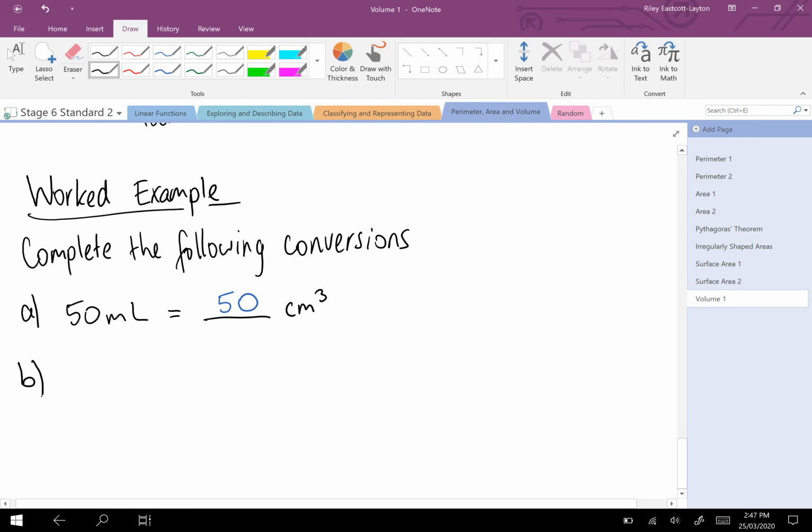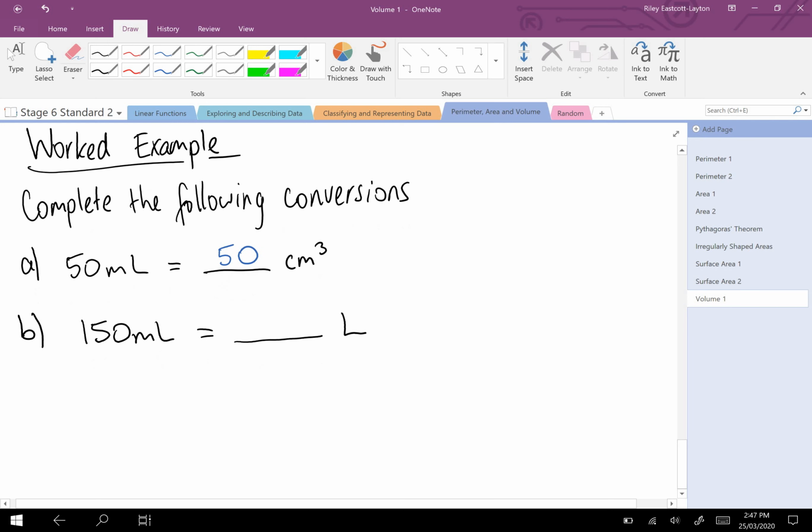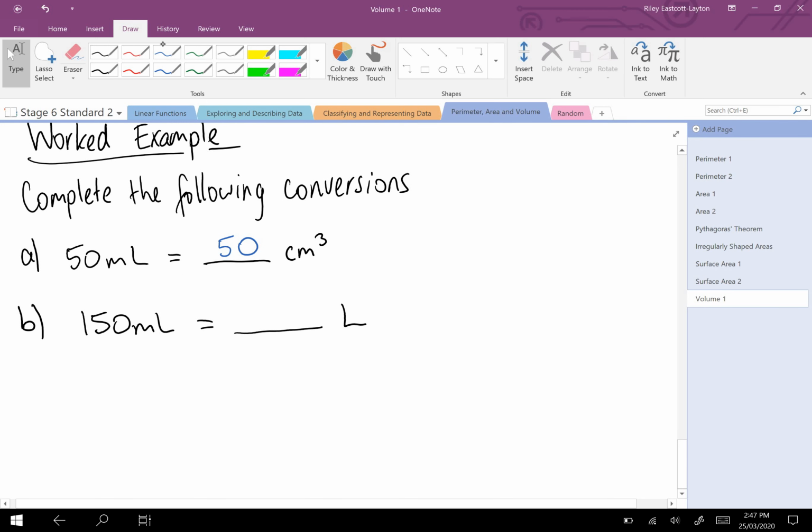B, we have 150 mil equals however many litres. So in order to work this one out first, we know that, off to the side, 1 mil equals 1 centimetre cubed. So 150 mil will be 150 centimetres cubed.